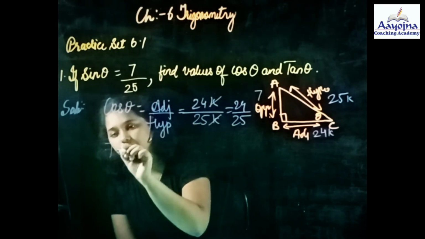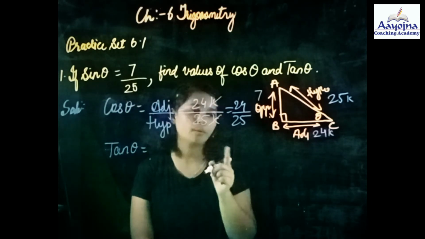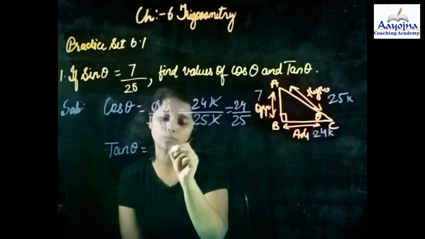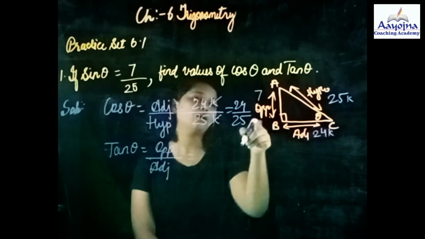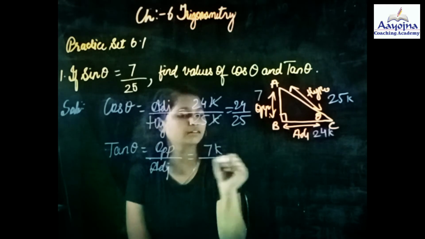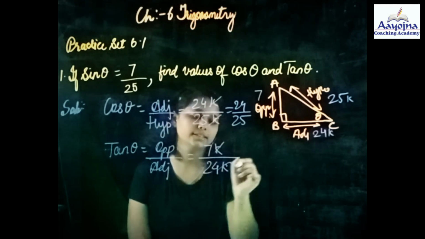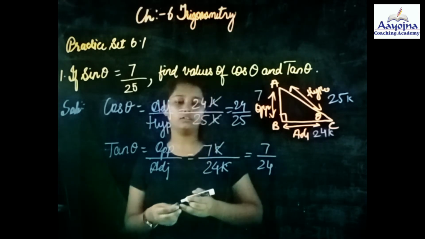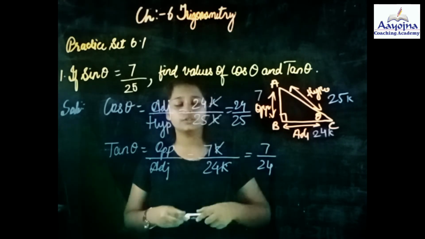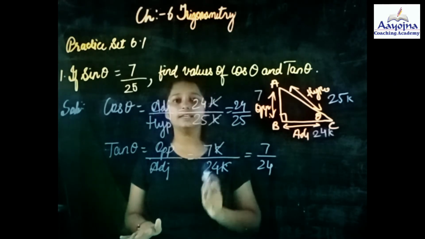Now the next is tan theta. Tan theta is opposite upon adjacent. So the opposite side is 7K upon adjacent side 24K. K gets cancelled, it becomes 7 upon 24. Nothing else can be cancelled over here. And we complete the first sum using K method.